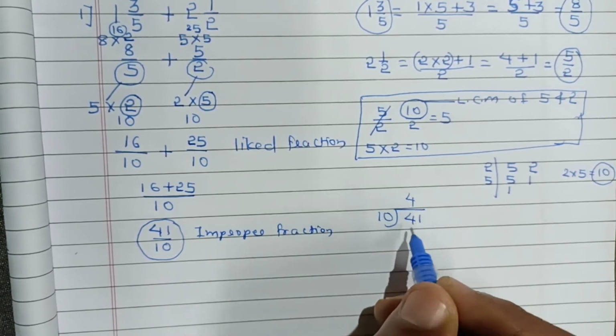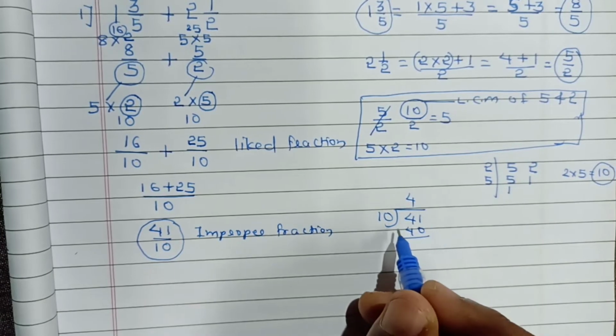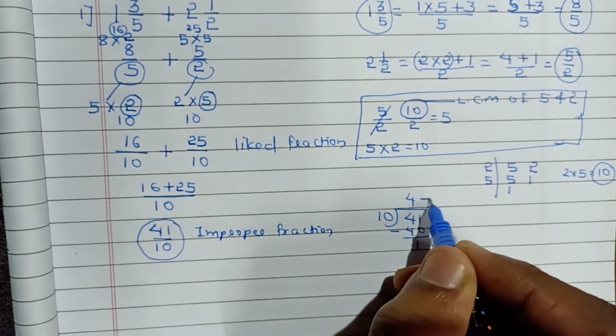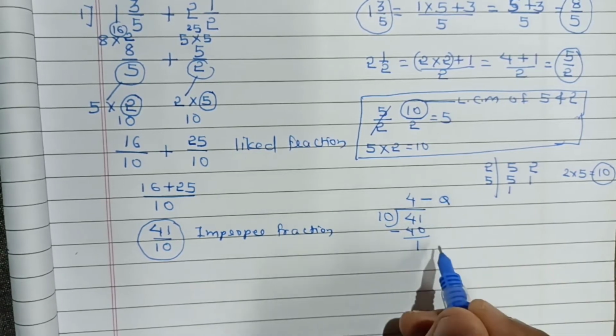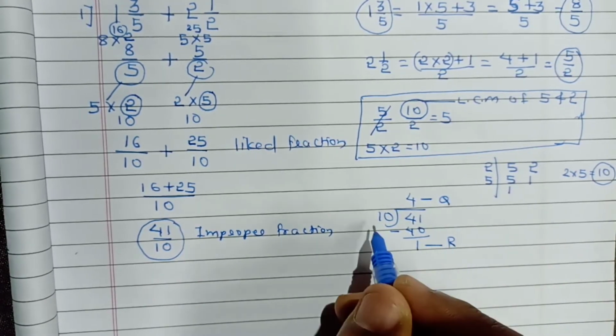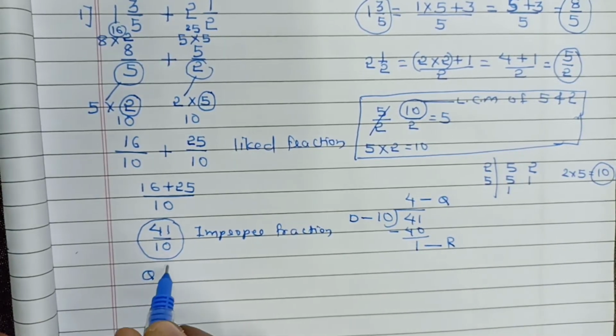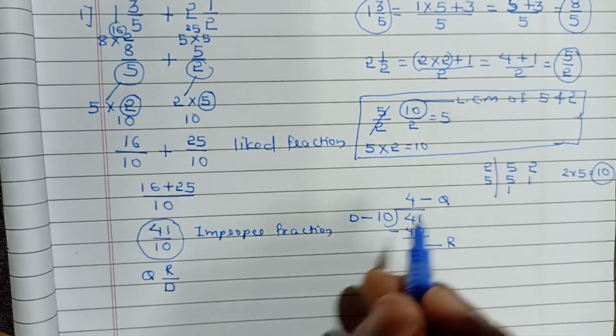So 10 fours are 40. If you subtract this 41 minus 40, how much you will get? 1. So this is the quotient. Let me write Q, and this is the remainder, and this is the divisor. So how to write here? You have to write the quotient, then remainder divided by divisor. What is the quotient we got here? 4.